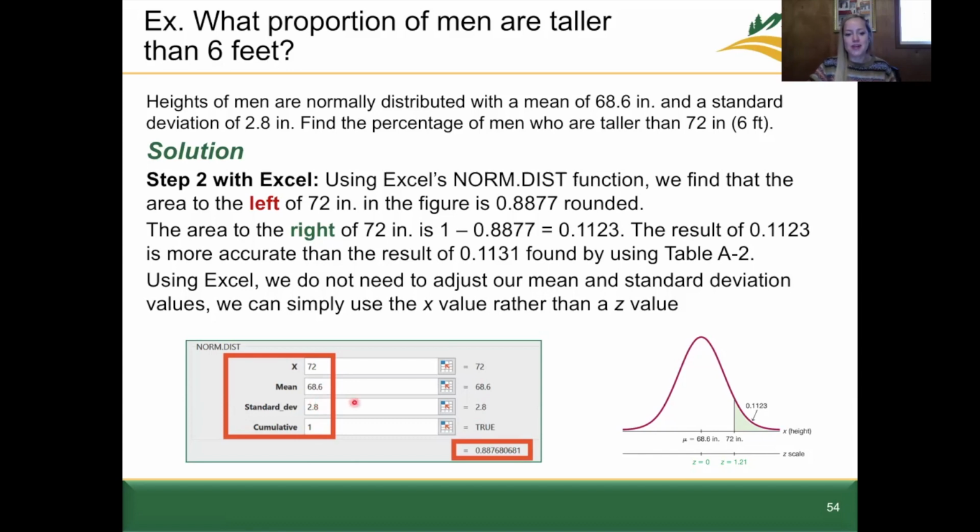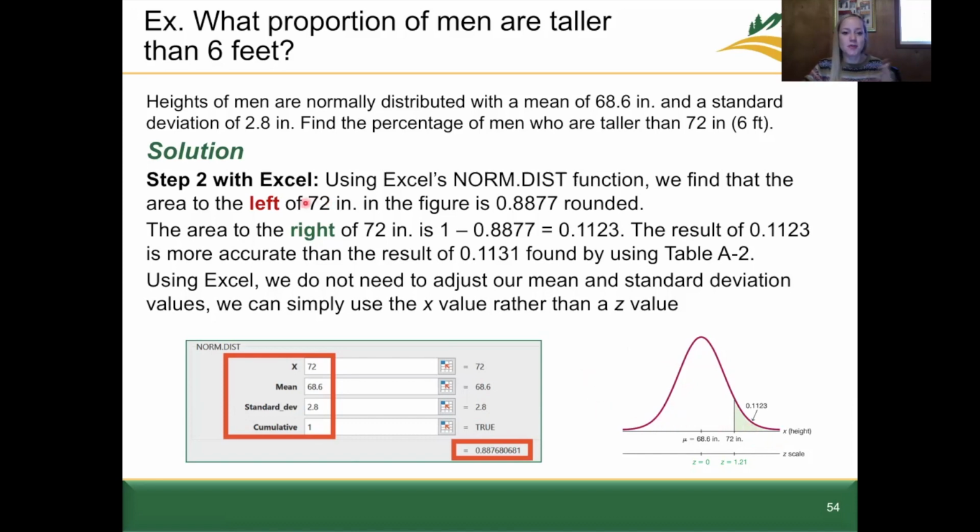But importantly, when we plug all this into Excel, it's going to give us our cumulative area or probability from the left. Because we want the percentage of men that are taller than 6 feet, we shaded in the region to the right. So we can take this value we got from Excel and easily get our correct answer by using the complement.